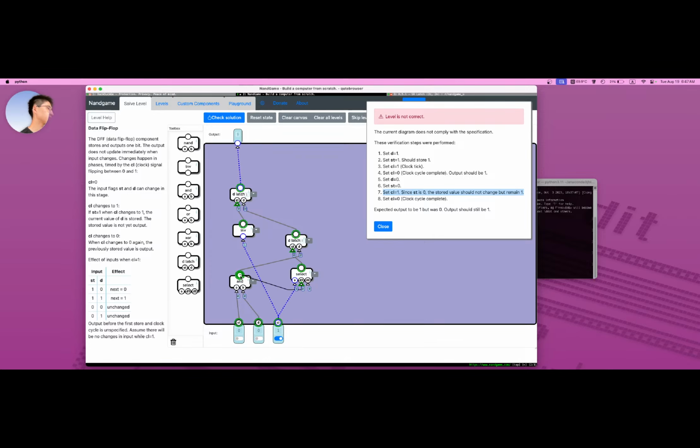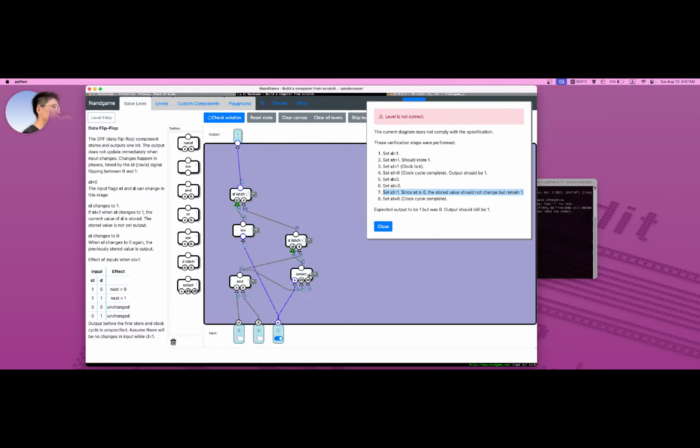When clock is 0, what then? Why is something wrong?